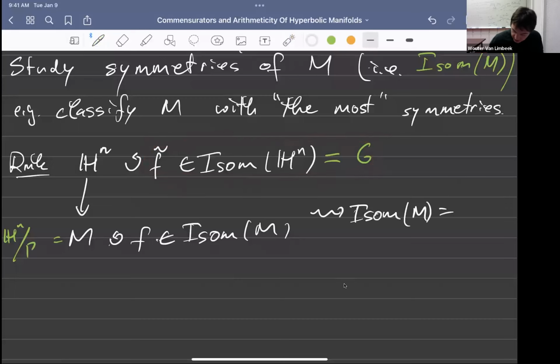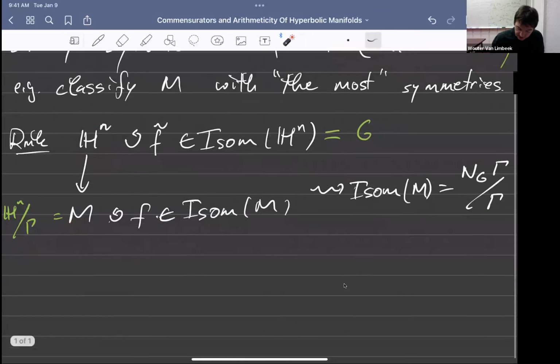And which lifts do you get? Well, you just get the normalizer of gamma in G, where gamma is the fundamental group, modulo gamma itself, right? A deck transformation up here will descend to the identity down there.